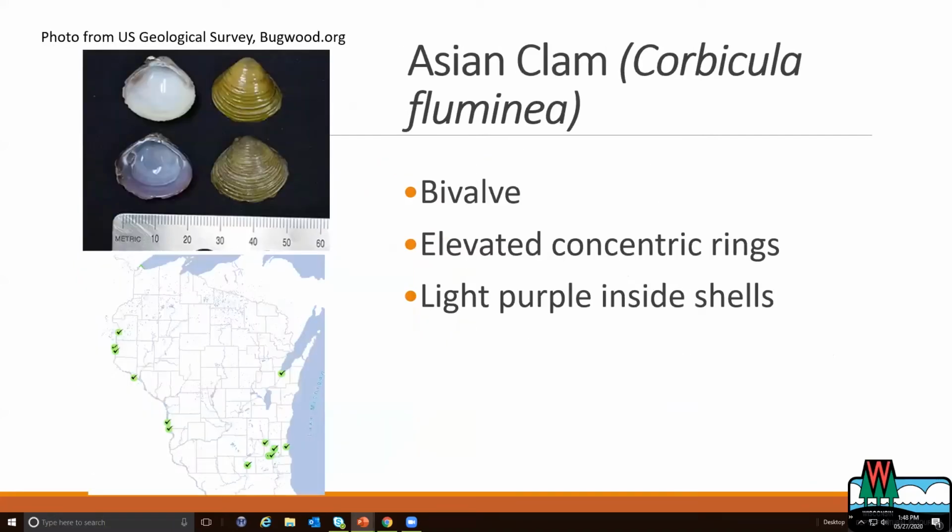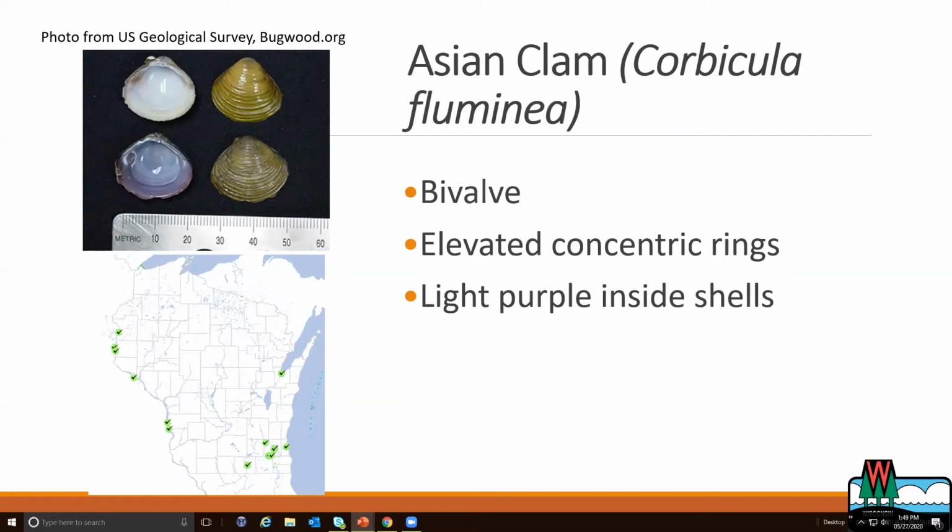The next species is the Asian or Asiatic clam. These are really distinct in their texture, so you'll know it's an Asian clam just by running your fingernail along those ridges and feeling how deep the grooves are. The inside of the shell is often a purplish color, and sometimes there is a purple band as one of the concentric rings on the shell.